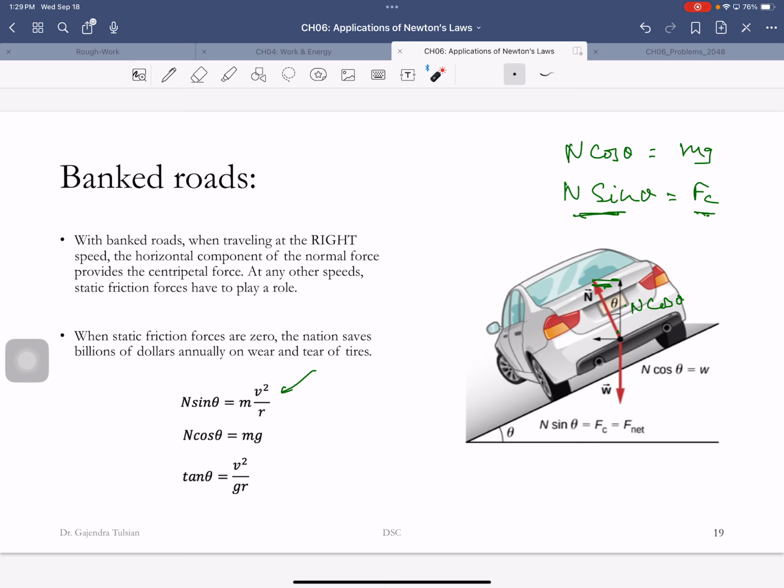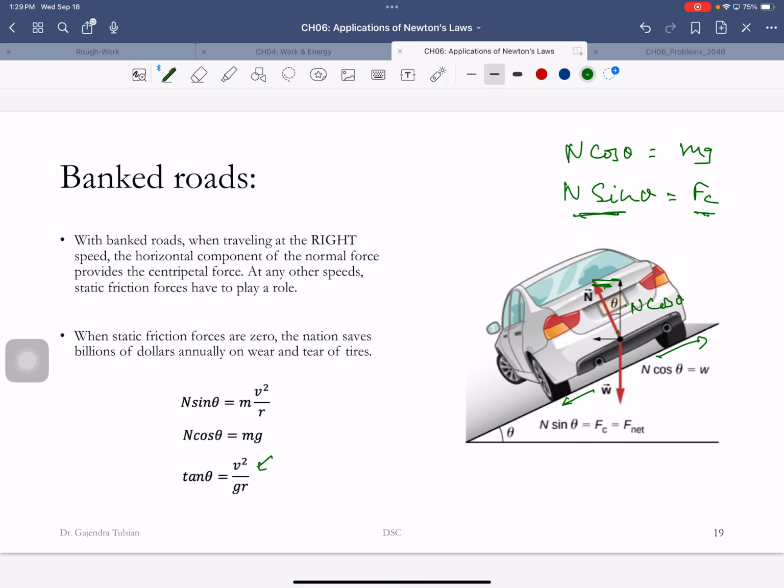Okay. So for this bank angle, if you go at that speed, the normal force provides you the centripetal force. If you go faster than that, you have to have a static friction force helping you in that direction. If you go slower than that, you have to have a static friction force in that direction.